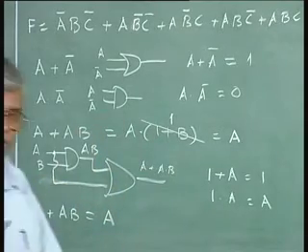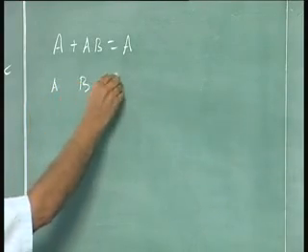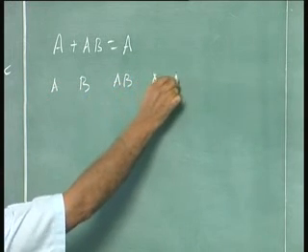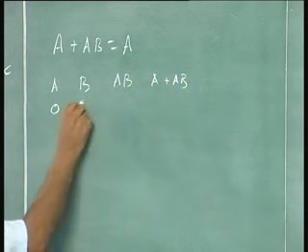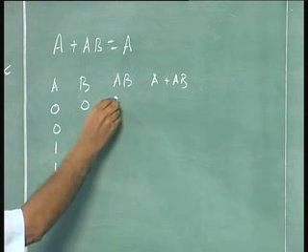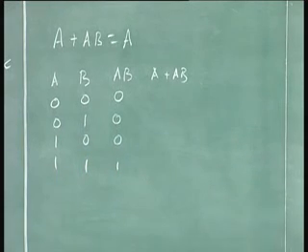But then if you are not convinced, you always write a truth table: A, B, AB, A or AB. 0, 0, 0, 1, 1, 0, 1, 1. AB is 0, 0, 0, 1 because it is an AND gate, correct?